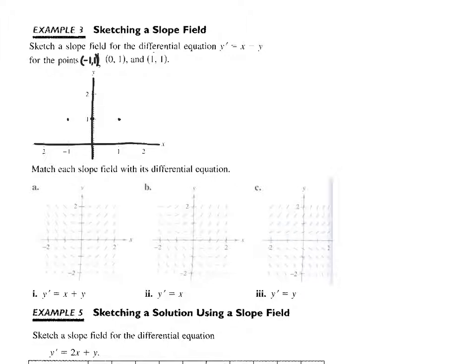Now, what is y prime at the point negative 1, 1? Negative 2. Yeah, it's negative 2. Okay? So here, y prime is negative 1 minus 1, negative 2. So you sketch a little line segment with a slope of approximately negative 2.